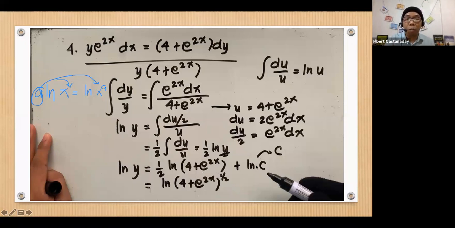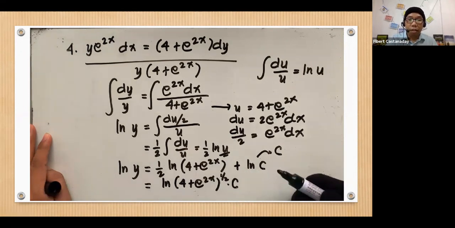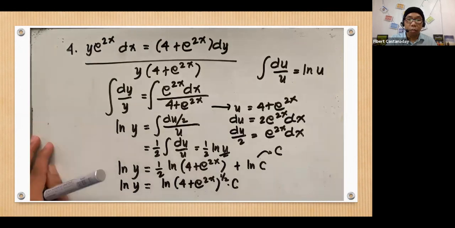Na kapag kinumbine mo yung dalawang terms na to, na maging isang term na lang, you have to make sure that the coefficient is 1. Okay, let's continue. Now we have, yan, bakit naging product of C na lang siya dyan? Narekta mo na, Sir Phil. So just a recall, yung property.